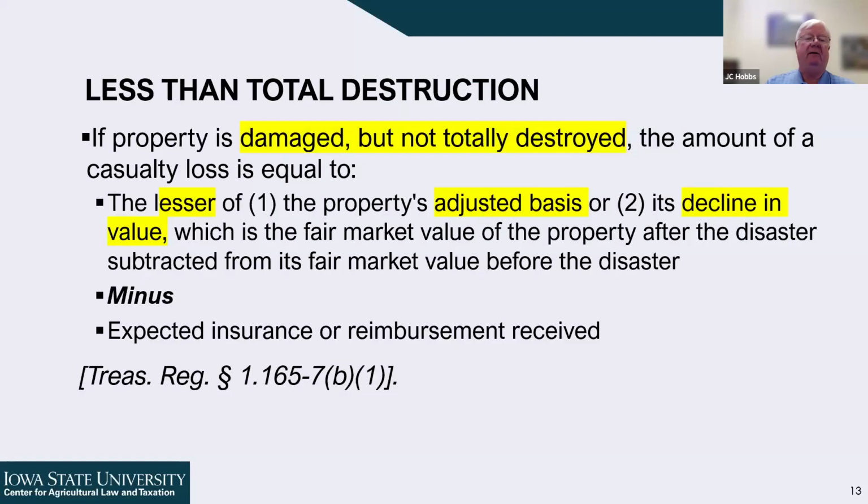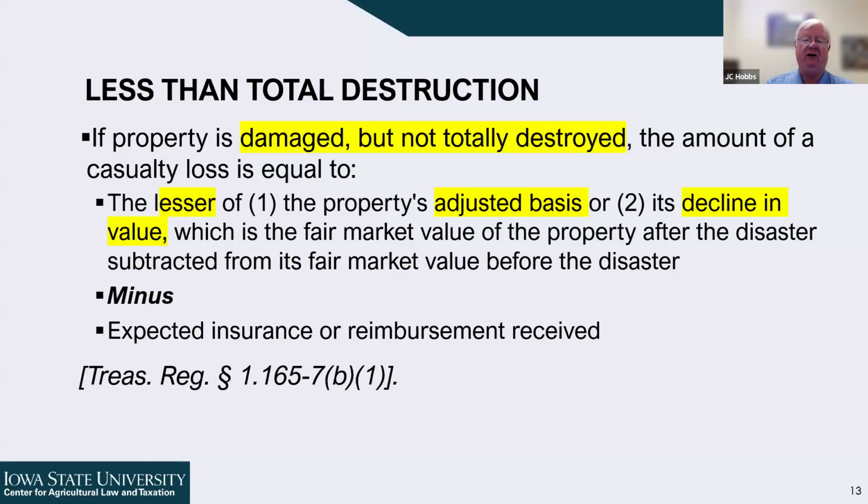So what happens when we have property that is damaged but not totally destroyed? So we didn't lose it all, but it had some damage, roof damage, it messed up some fences, this type of thing. The amount of that loss that we calculate is equal to the lesser of the adjusted basis, that's the cost, less depreciation, plus any improvements that were made, or its decline in value, which is the fair market value of that property after the disaster compared to the fair market value before the disaster.